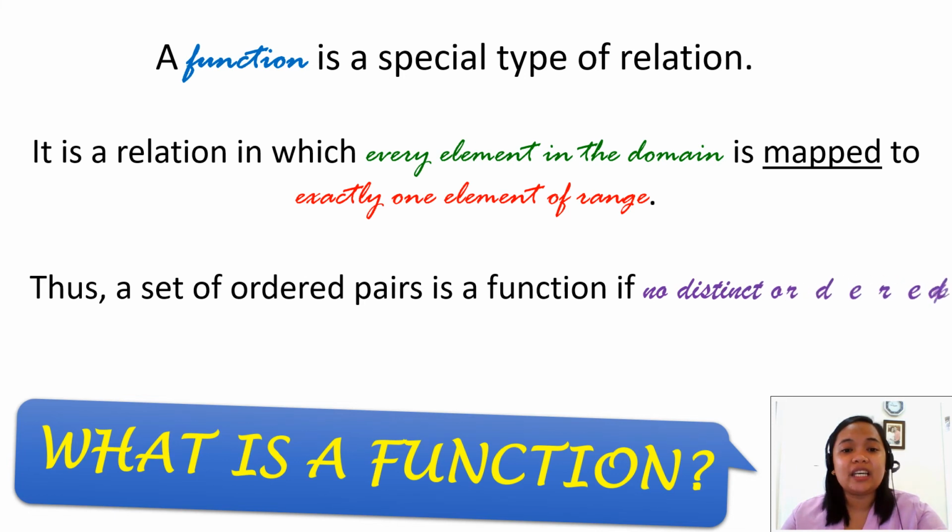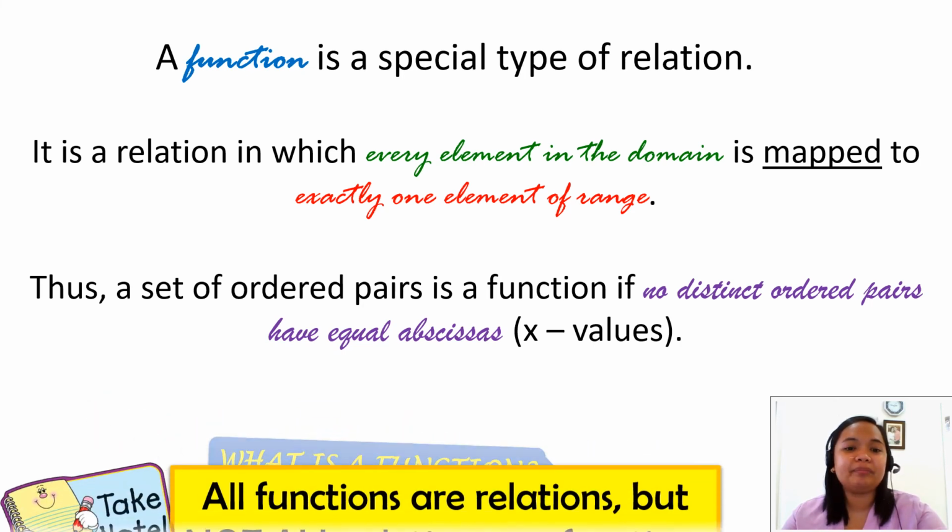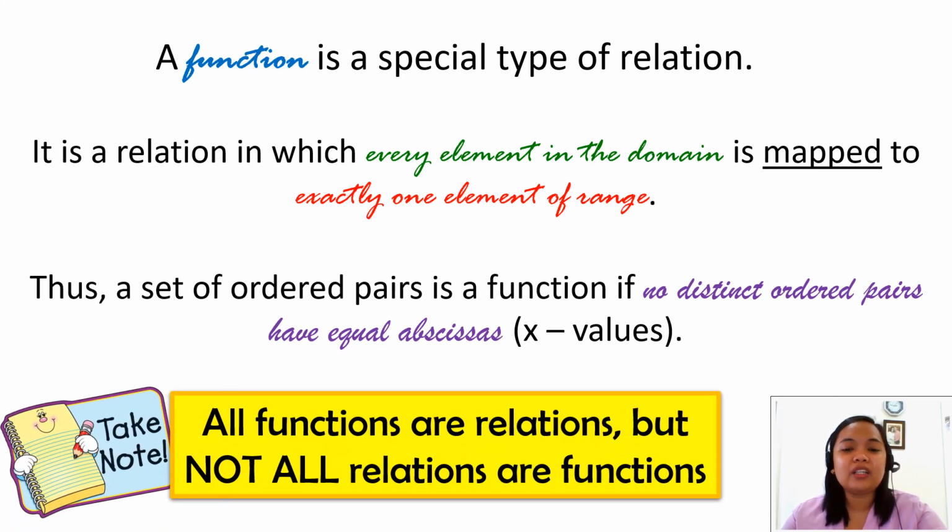Thus, a set of ordered pairs is a function if no distinct ordered pairs have equal abscissas. So remember, all functions are relations, but not all relations are functions.